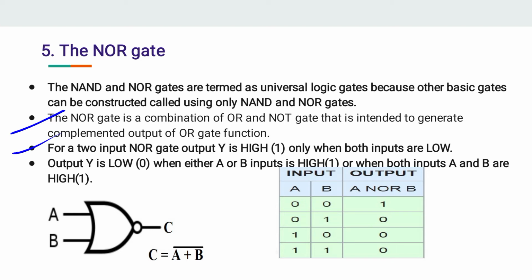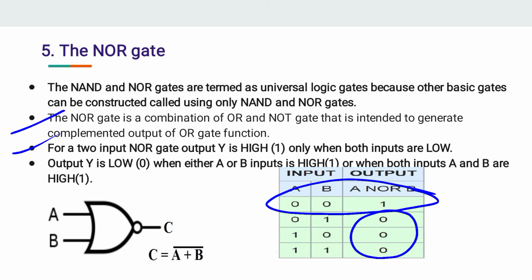The output of the NOR gate is high only when both the inputs are low. Clear? The output of the NOR gate is high, nothing but 1, only when both the inputs are low or 0. Otherwise, the output will be 0 or low.